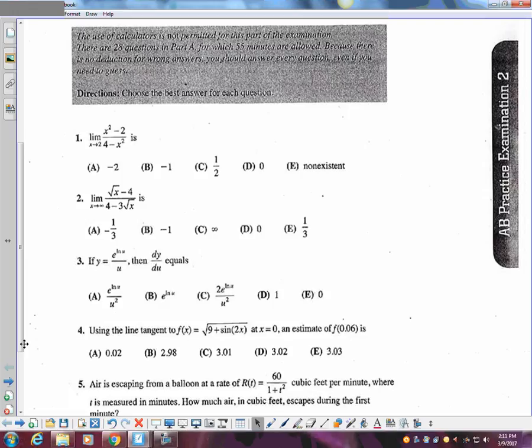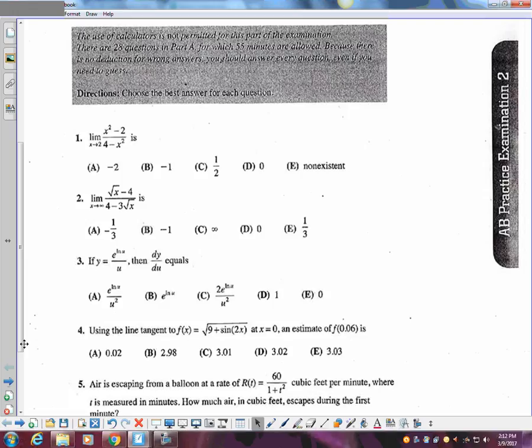Could you factor? Squares? No, 2's not a square. You can factor the bottom, but then nothing's going to cancel with the top. That would just make it x squared minus 4. That's actually what the answer is. Non-existent.